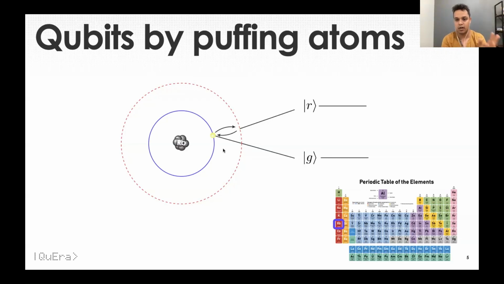If you remember your orbitals, this is a 5s orbital. And you get to pick what's the second one. There are many, many options, roughly infinite of them. We pick an orbital for exciting this electron that is called a Rydberg state.